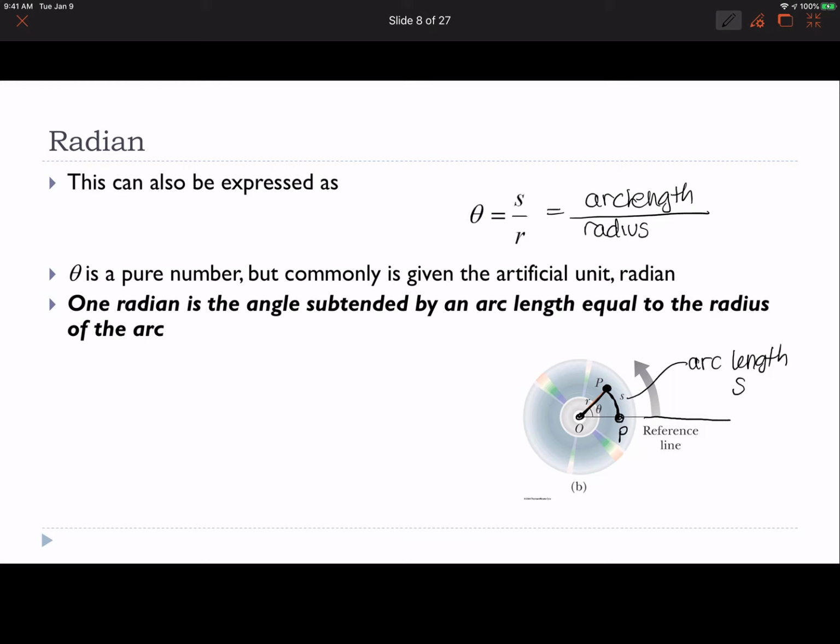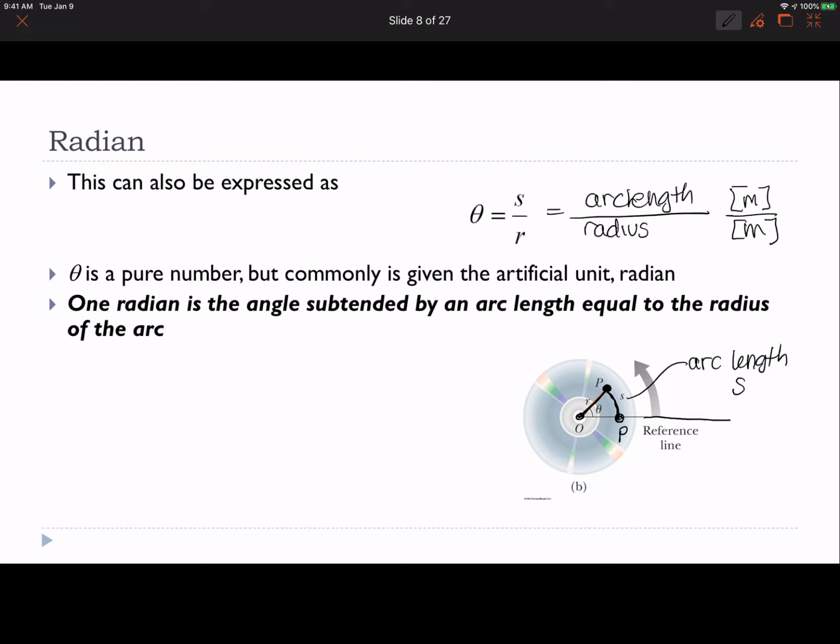And because these are both units of length, meters over meters, this is actually a unitless quantity, but we give it an artificial unit of radians so that we know that we are talking about an angular measurement. 1 radian is the angle that's subtended by an arc length equal to the radius. That's kind of a weird description.